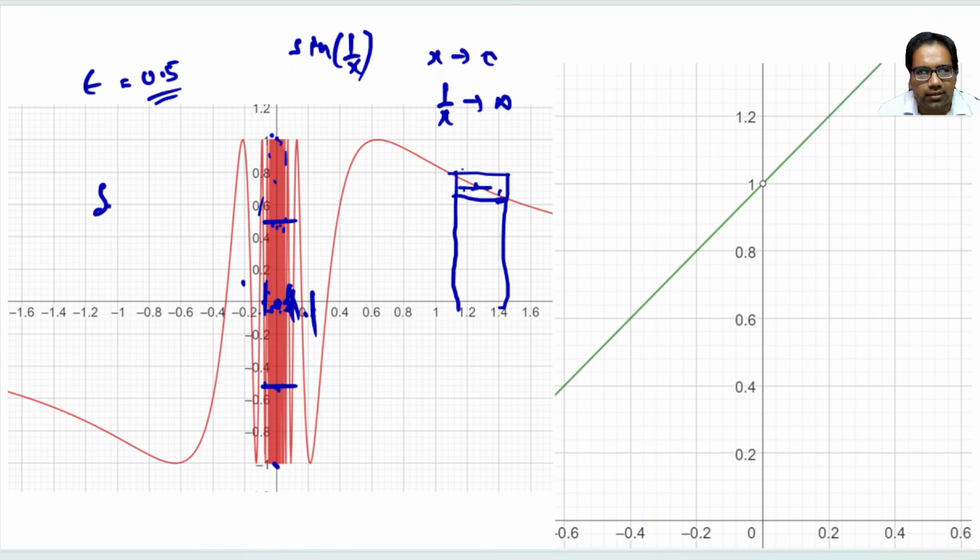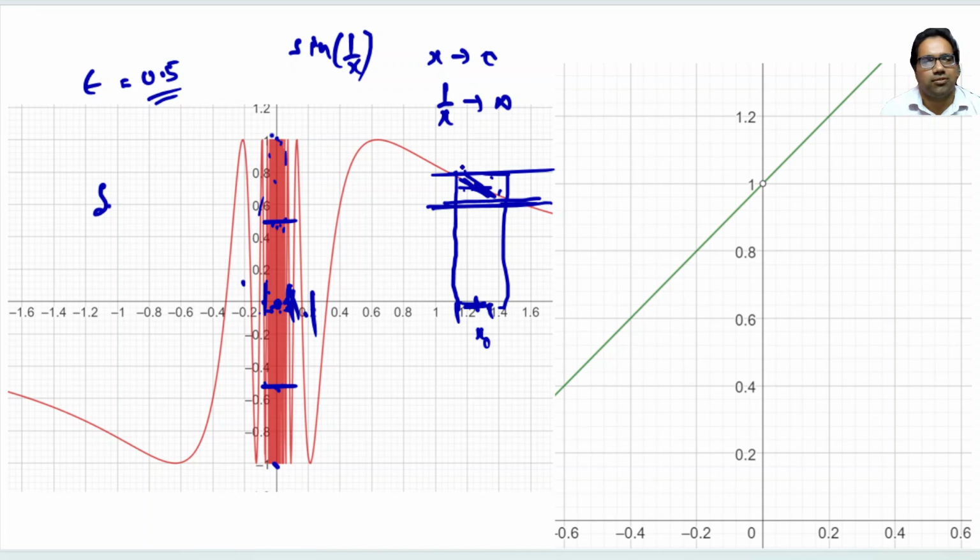If you define this delta, and let's say my x naught is here, then between these two points the graph of the function is this, till this point, which is always lying between these two points that are given to us.